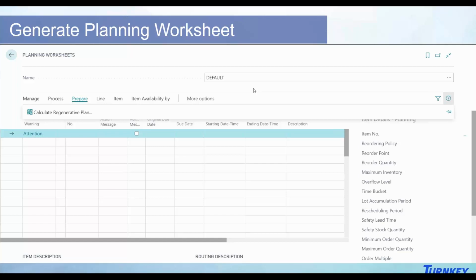Let's try this one. What we can do is a sales forecast, and it'll go out and run that, take a look at that item, recalculate its usage, and predict for me where that item is going to be based on its past usage.